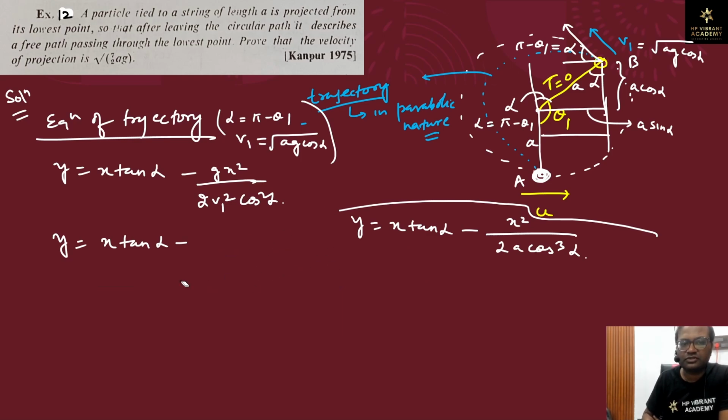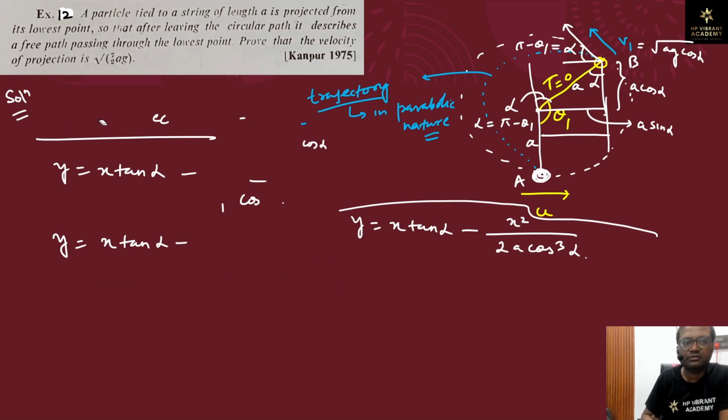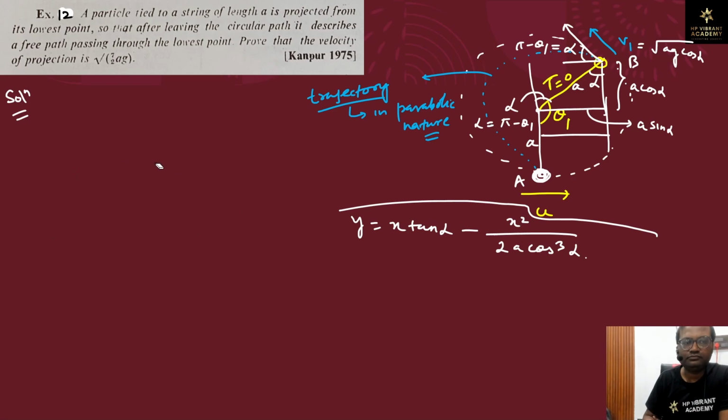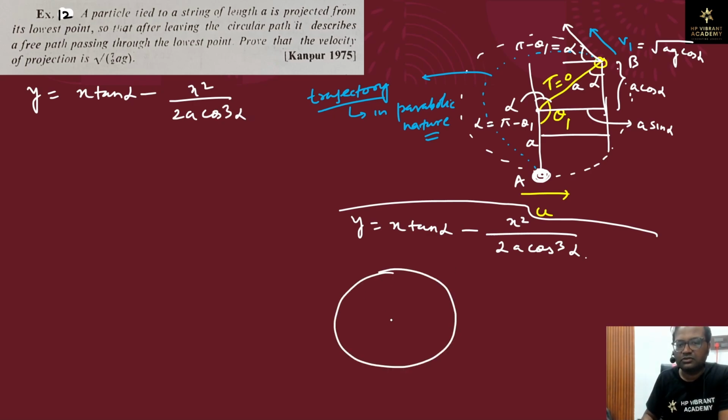So what is our equation of trajectory? I will draw the diagram again. So y is equal to x tan alpha minus x square upon 2a cos cube alpha. Okay, so this is our projectile.